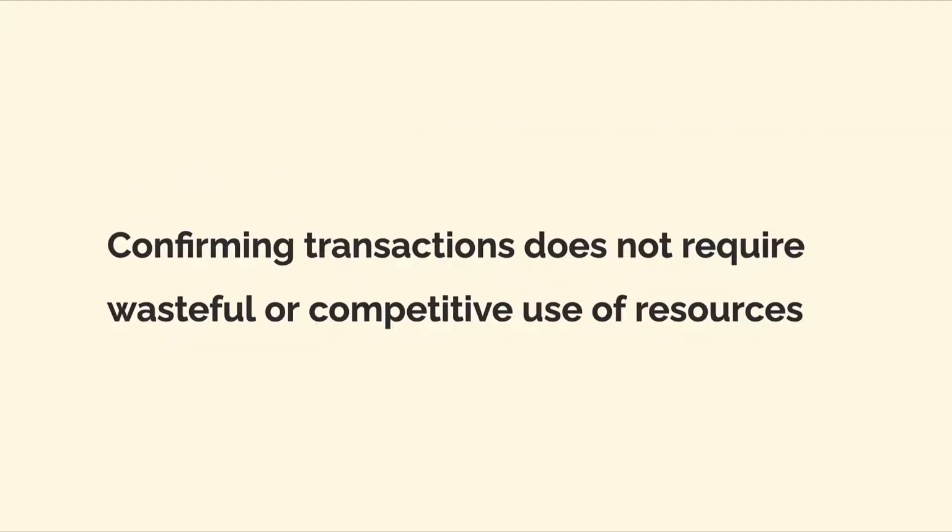We are confirming transactions without wasteful or competitive use of resources. This is a unique advantage of the XRP blockchain specifically, because its ledger, its protocol, can confirm transactions without an overwhelming use of resources. The XRP ledger's consensus protocol does not require multiple confirmations for immutability.